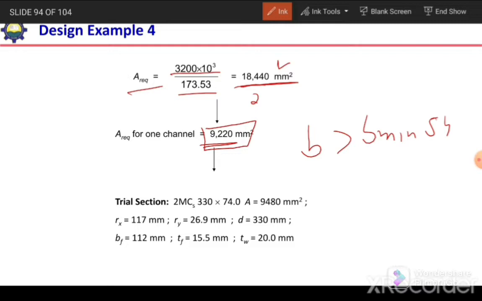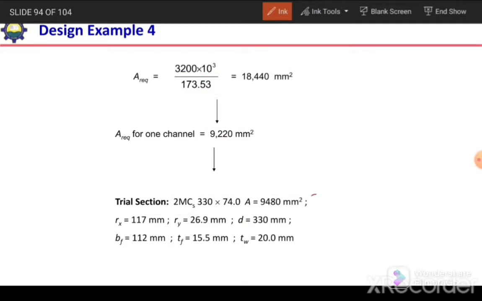So from the properties table we can select the section with the area close to this one. The selected section is MC 330 by 74, a modified channel section, and it has cross sectional area equal to 9480 for a single channel section. So it is close to this 9220 value.